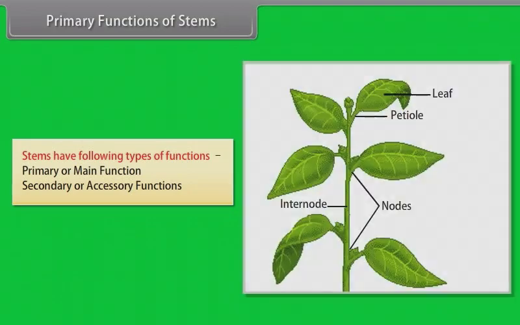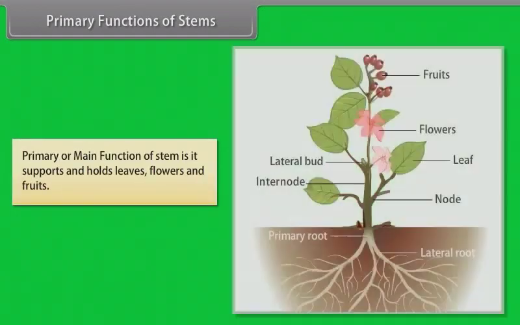Primary functions of stems. Stems have the following types of functions: primary or main function, secondary or accessory functions. Primary or main function of stem: it supports and holds leaves, flowers, and fruits.